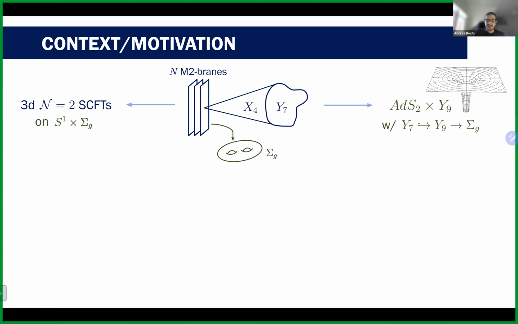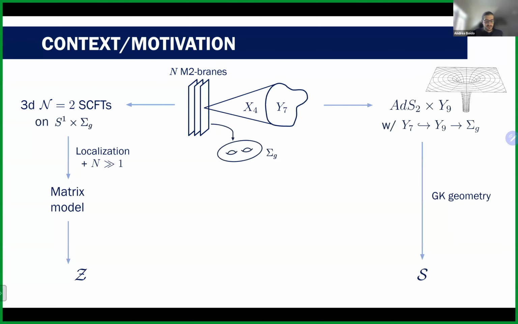In geometry, what happens instead is that your geometry gets replaced by AdS2 times Y9, where Y9 is in general a fibration of the Y7 we had before over the Riemann surface. And this geometry is generally understood to be the near horizon limit of some supersymmetric AdS4 black holes.